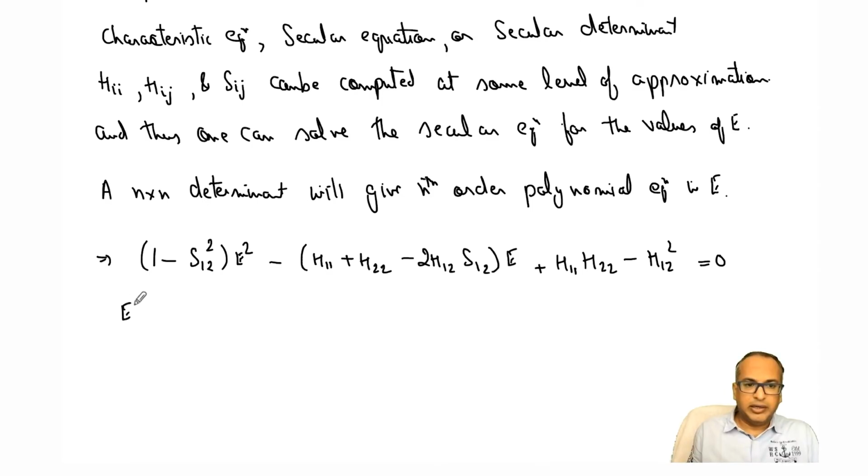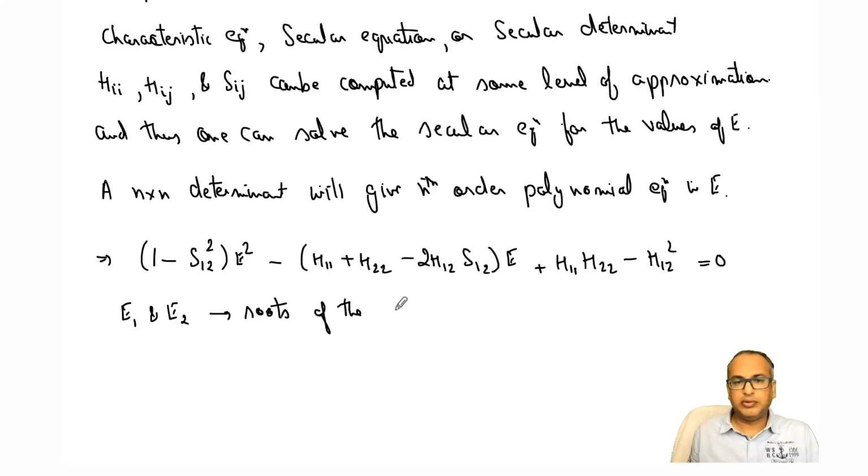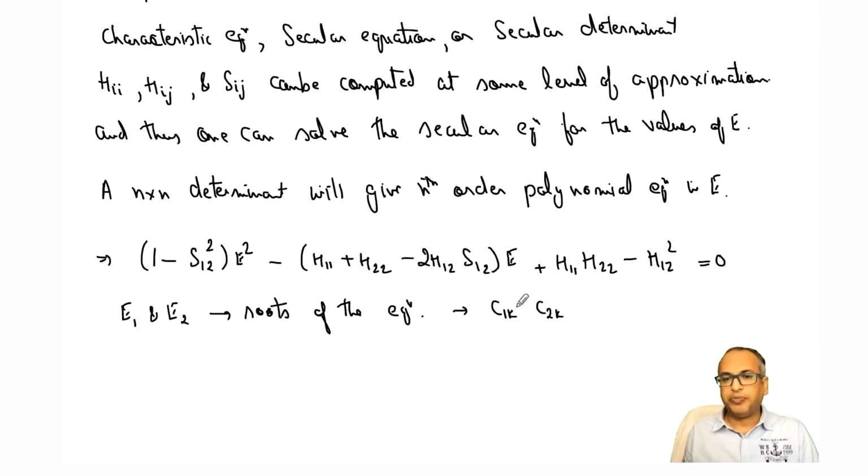The roots will be E1, let's say, and E2, of the secular equation. If you substitute these values into the original equation, that was equation 1, you will get the values of C1k and C2k. So the coefficients will also be obtained.